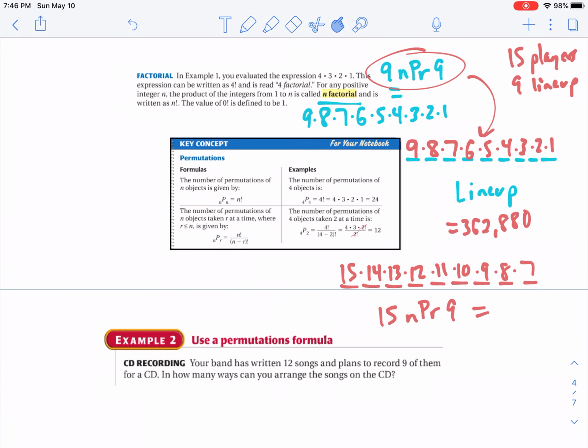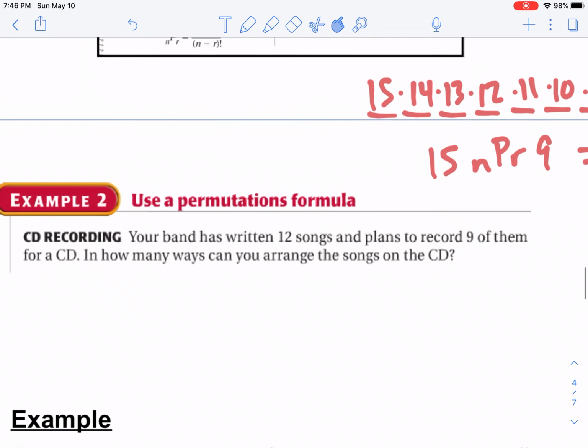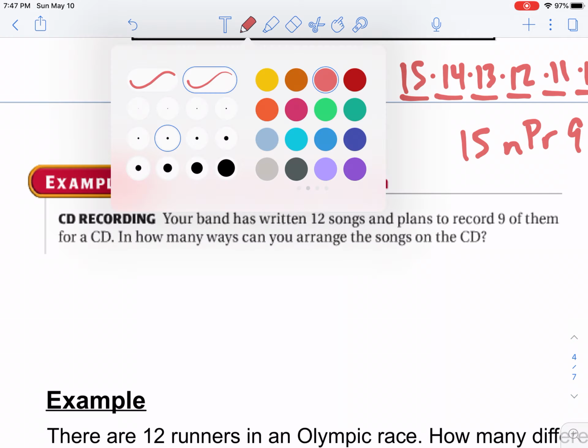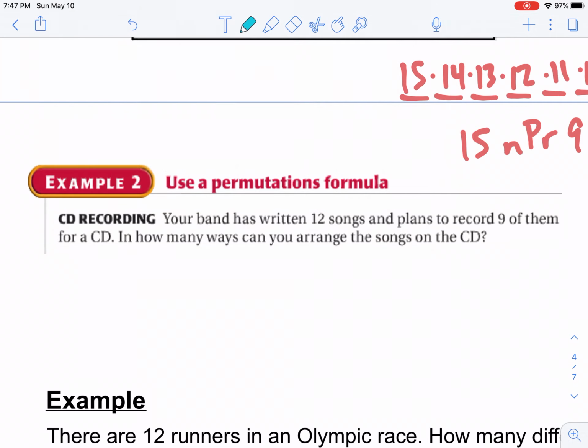Way higher. Okay? So this one here: your band has written 12 songs and plans to record 9 of them for a CD. In how many ways can you arrange the songs on the CD? I know CDs are old school. You don't have CDs anymore. You just stream everything. But back in the old days, with CDs, you would have a track listing on the CD.